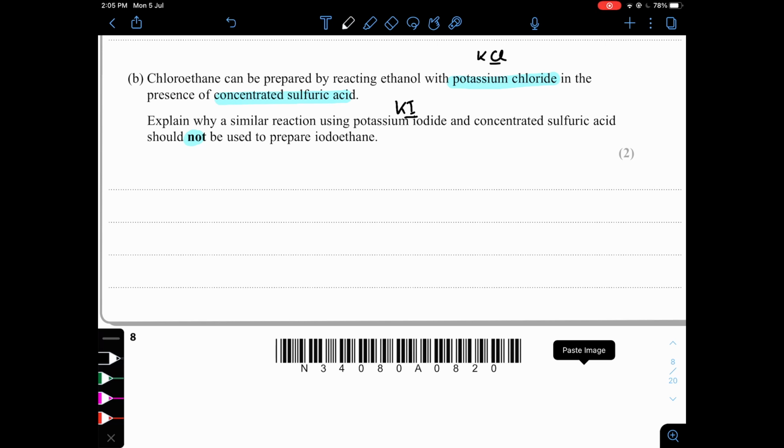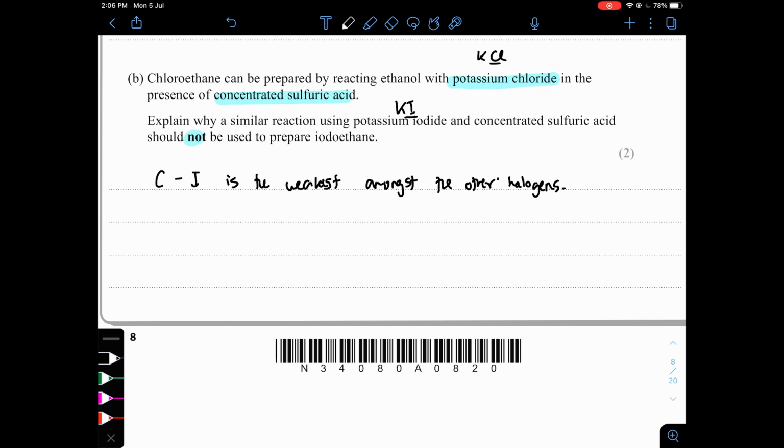So the key difference here is that the C-I bond is the weakest amongst the other halogens. In other words, the iodide ions are easily oxidized, because they're the weakest, so they easily break.